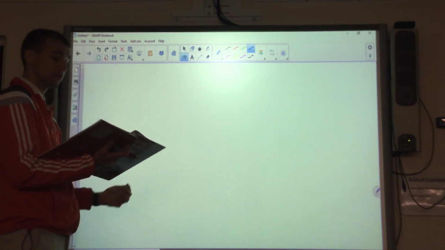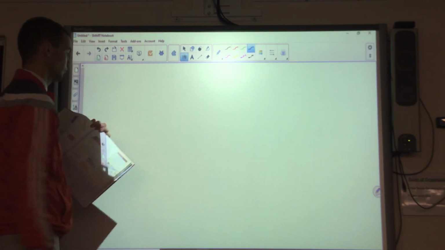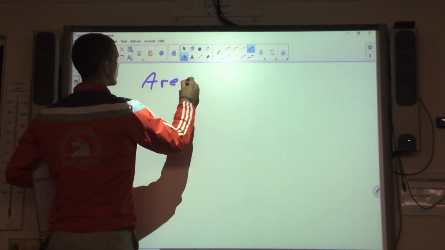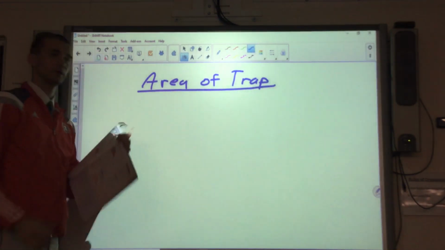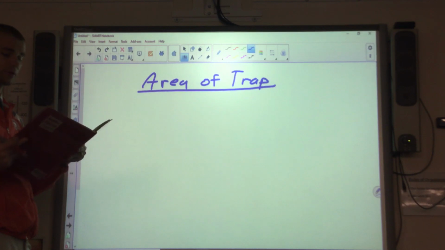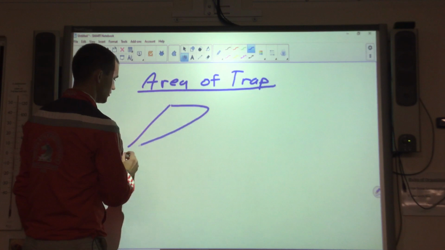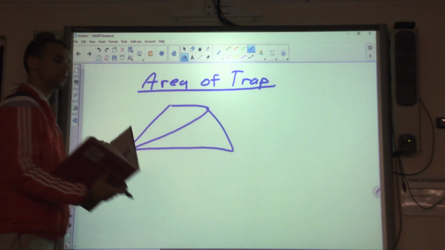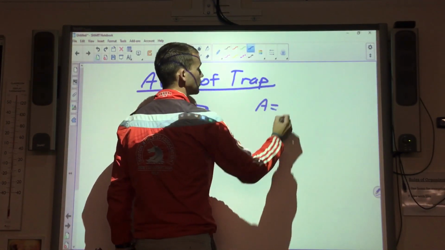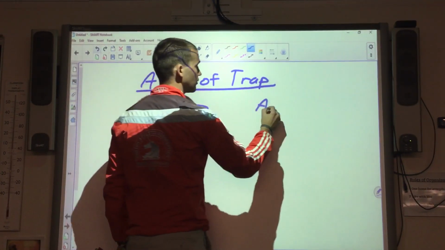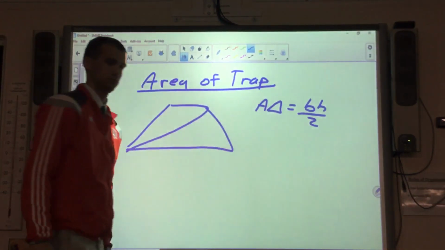You look on page 91 then, it says, hey, we got derive the formula of an area of a trapezoid. So, area of a trap, right here. They're not telling you what it is, though I did just talk to you guys about what it is. But basically they're saying, hey, if you've got these 2 triangles right here, the area of a triangle is base times height over 2.